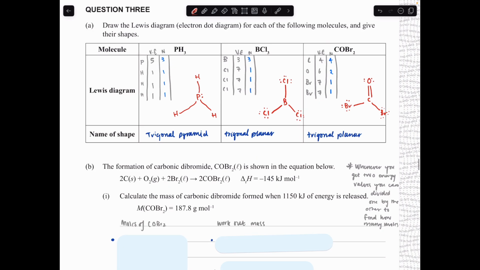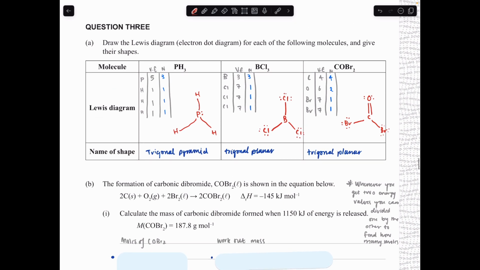As for the shapes, again, that's a free pass for you. But basically, remember, shapes are dependent on the number of bonding regions and non-bonding regions. You cannot assume it's the same as the geometry. So because there are, for example, 4 regions of negative charge around the central atom, the geometry is going to be tetrahedral, okay?